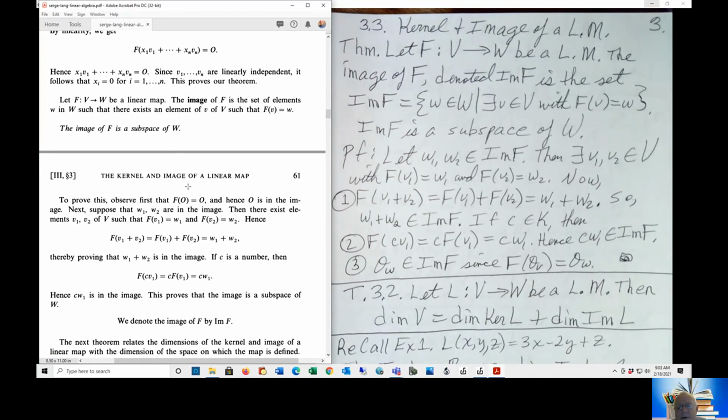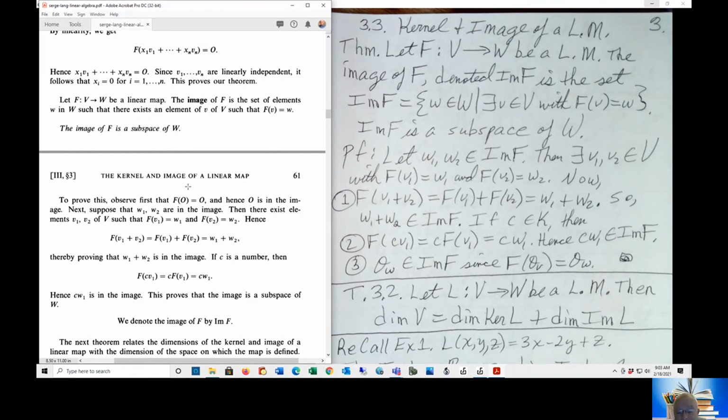Now, we know, of course, that f is a linear mapping, and so let's see what happens. f of v1 plus v2 equals f of v1 plus f of v2 equals w1 plus w2.